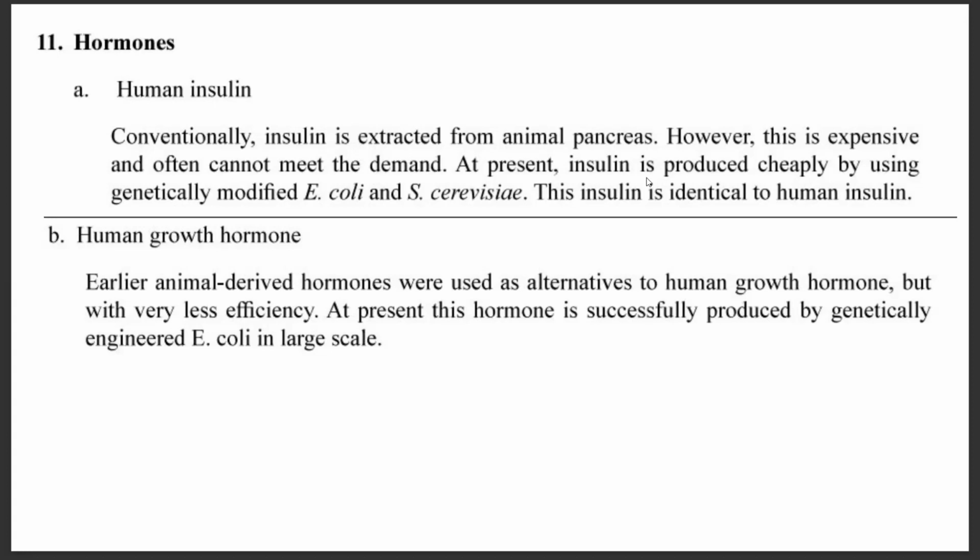So now at present insulin is produced chiefly by using genetically modified E. coli and Saccharomyces cerevisiae. And this insulin is identical to human insulin. Right? Insulin can control diabetes better than any other. Insulin can convert glucose into glycogen. Right? Then human growth hormone. Human growth hormone earlier is derived from horses, right?